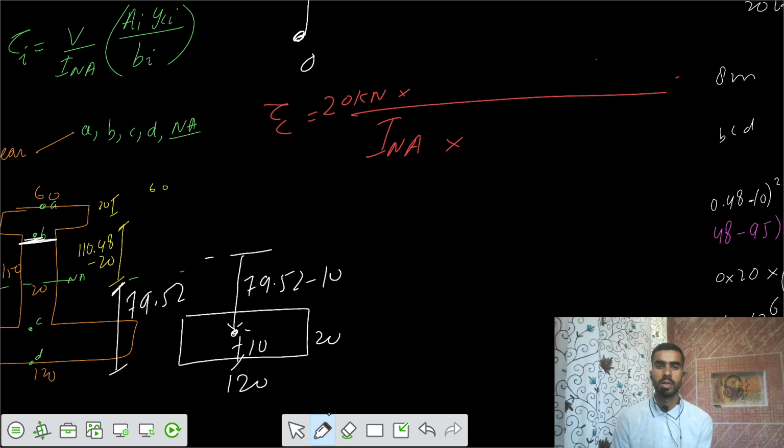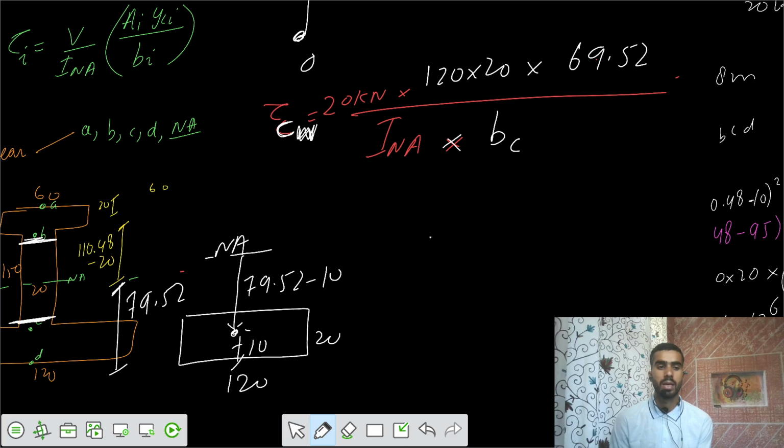I can write the area as 120 into 20, and the centroidal distance of that area about the neutral axis equals 69.52. And you divide by the width at C, but we have two options. For shear stress at C in the web part, you have to take the width at C in the web part that equals 20, and you can solve that.